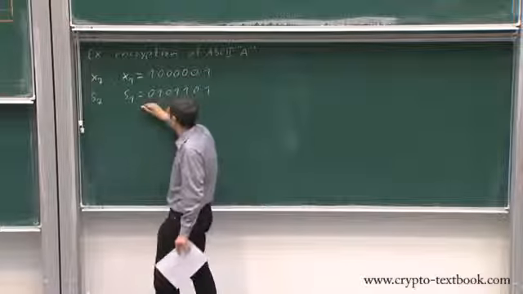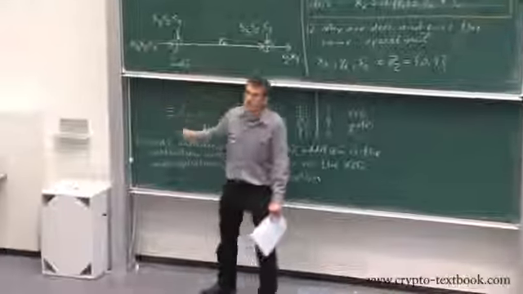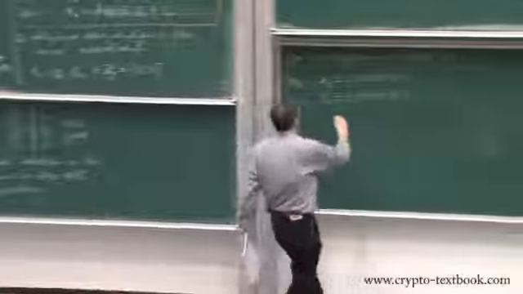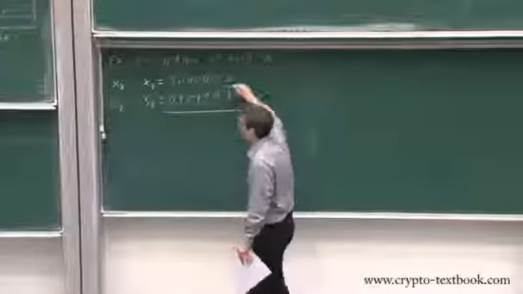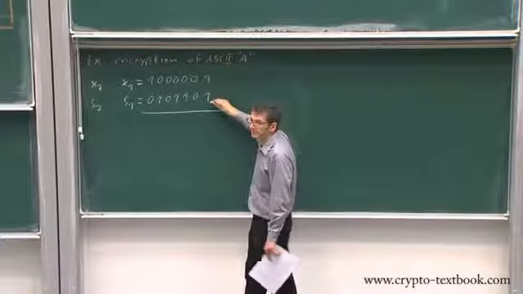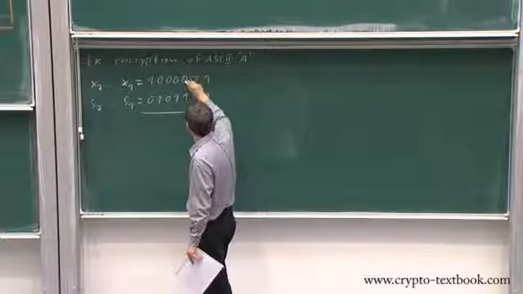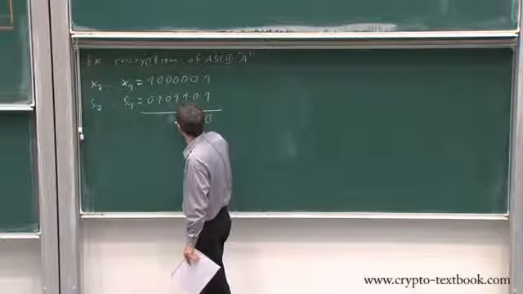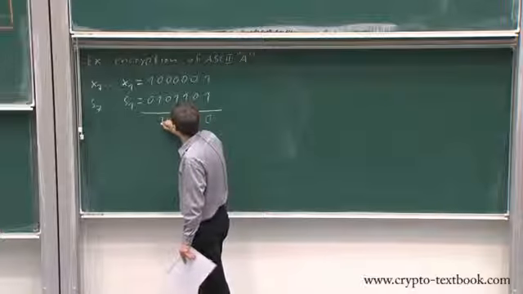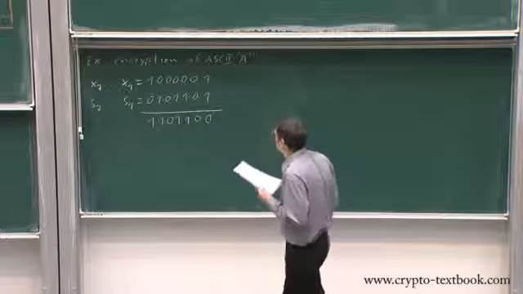Okay, so what's happening here is they are added modulo 2. So let's do a modulo 2 addition, bit by bit. 1 plus 1, modulo 2 is 0. 0 and 0 is 0. 0 and 1 is 1. 1, 0, 1, and 1. Is that right? Yup.